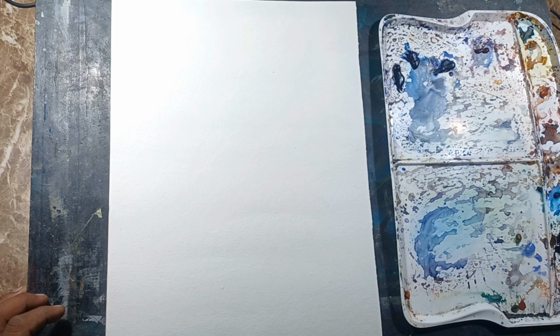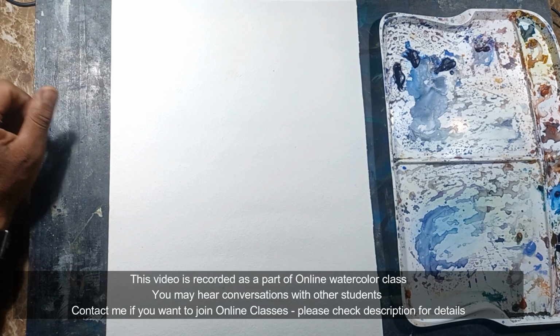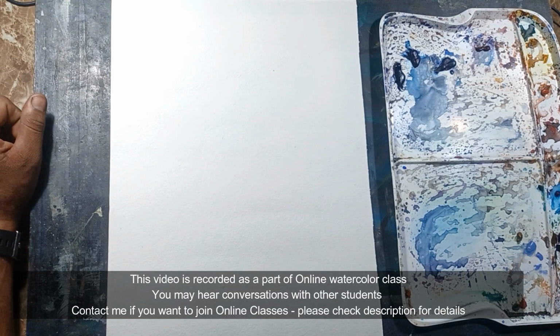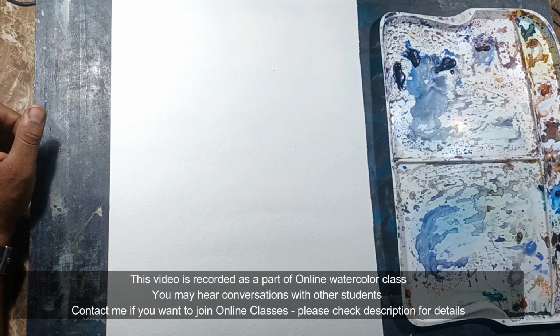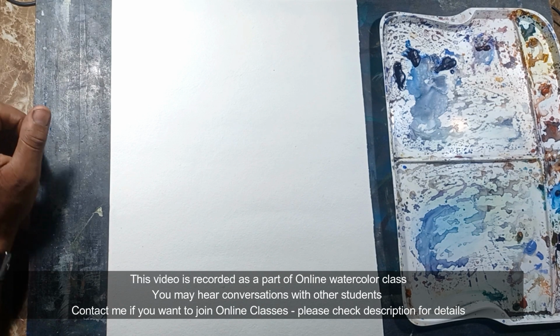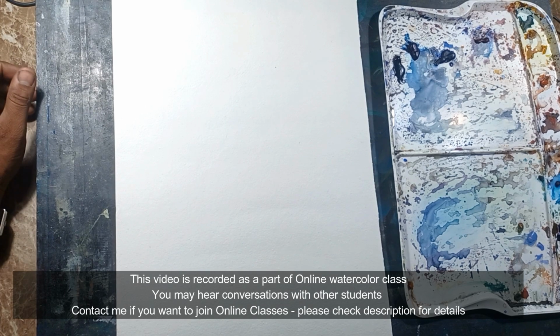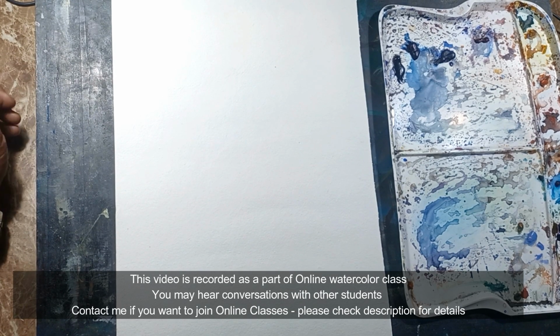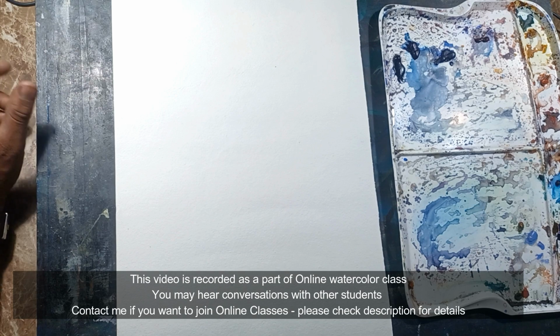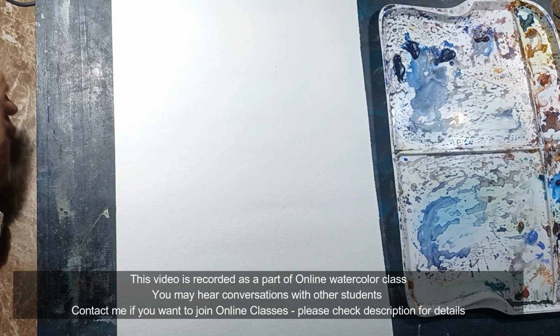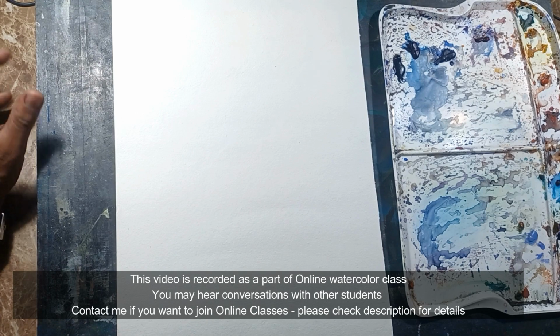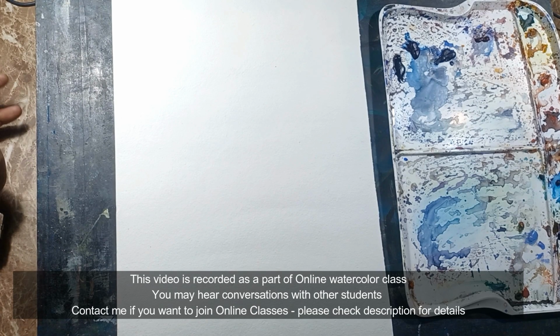Yeah, so today I was thinking lately that we are attempting different styles of work. We have done fruits, still life, and landscapes, but we are skipping human figures, because human figure is where we get a little stuck.